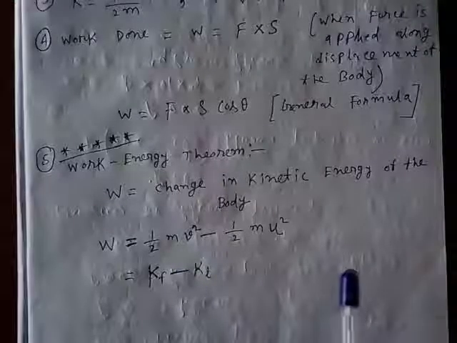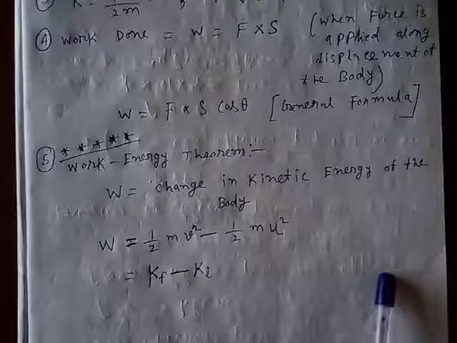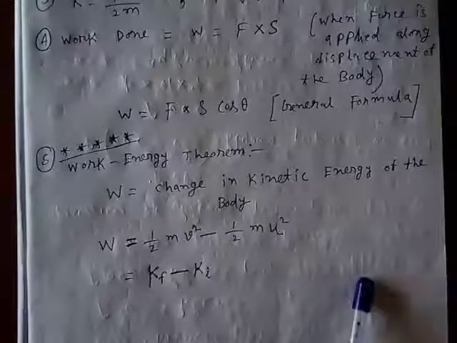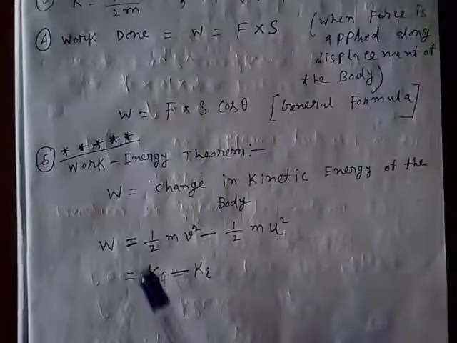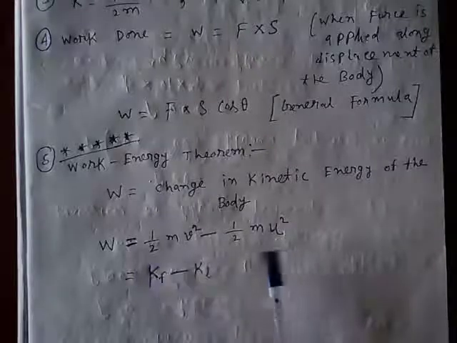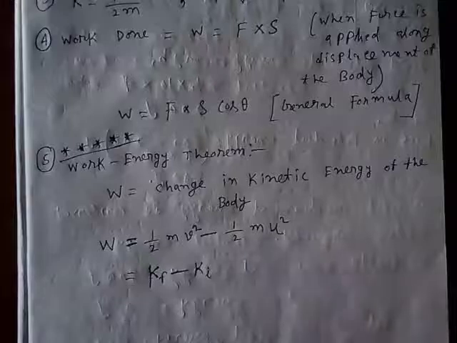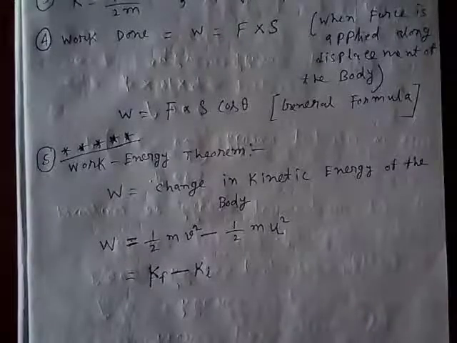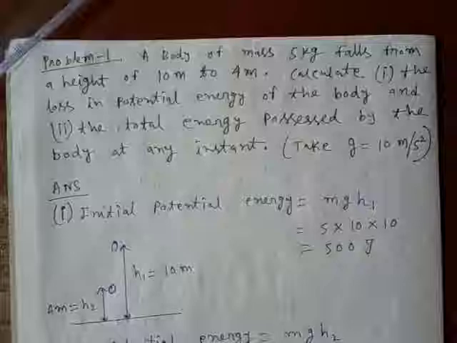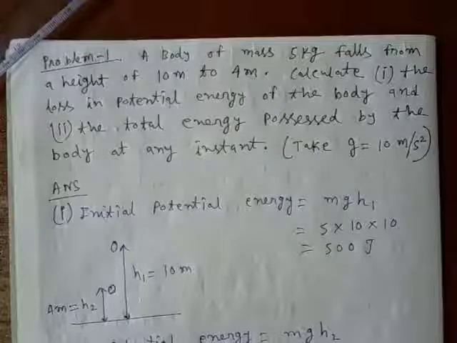So the final kinetic energy is half mv square. So the change in kinetic energy, half mv square minus half mu square, is equal to work done on the body. Okay, now let me discuss problem number 1.